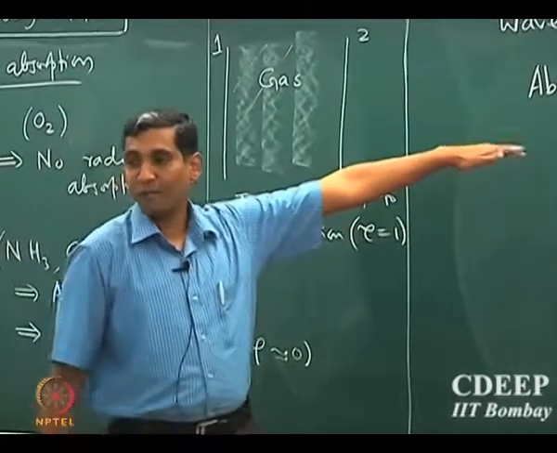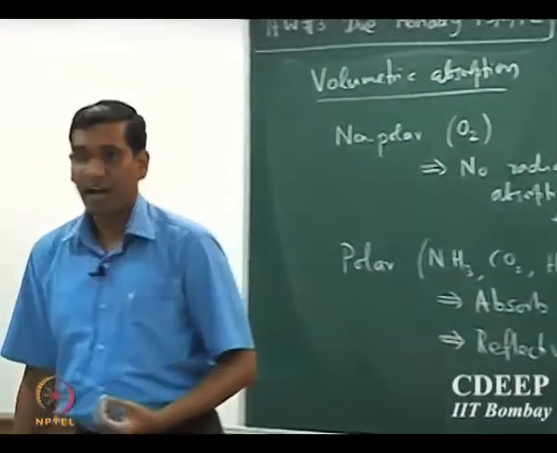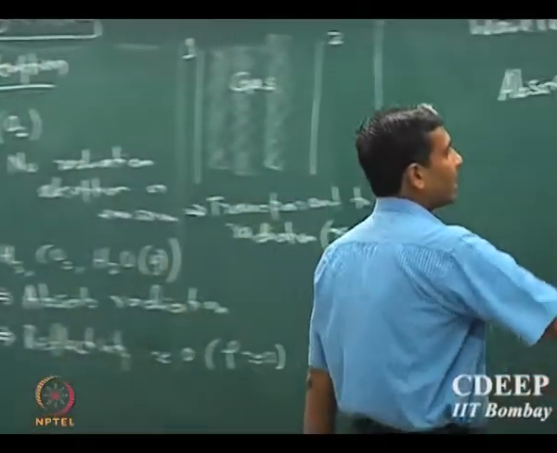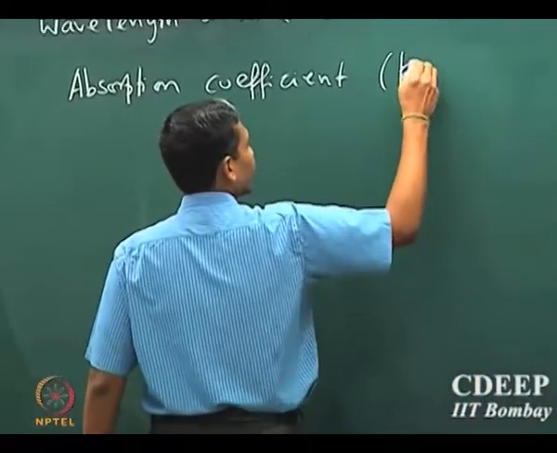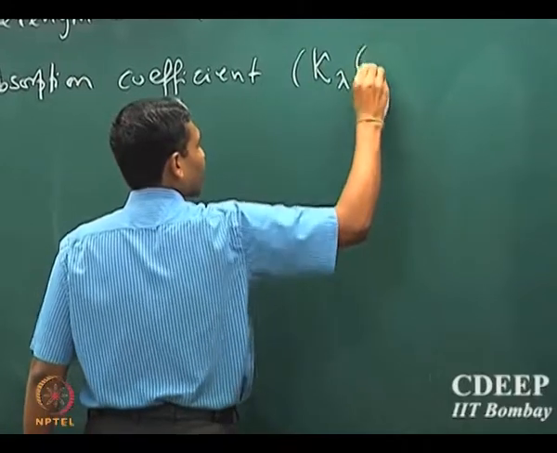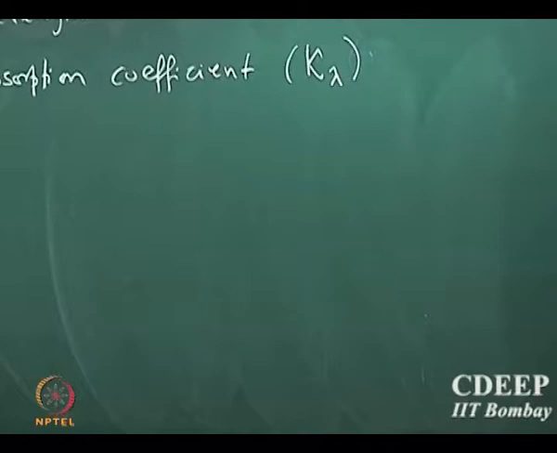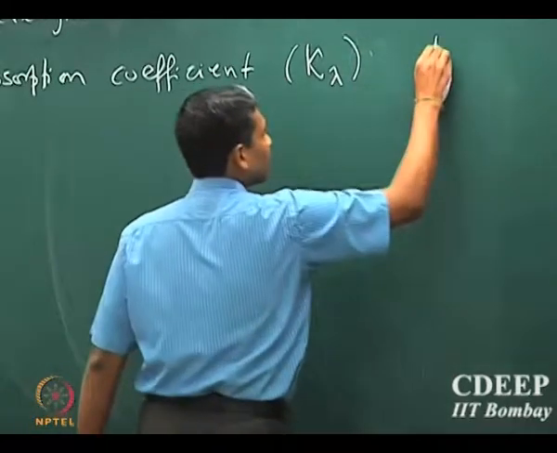Similarly, the absorption coefficient quantifies the amount of radiation that is absorbed by a given medium. It is represented as kappa, and of course, it is a function of the wavelength, and the units are per meter.